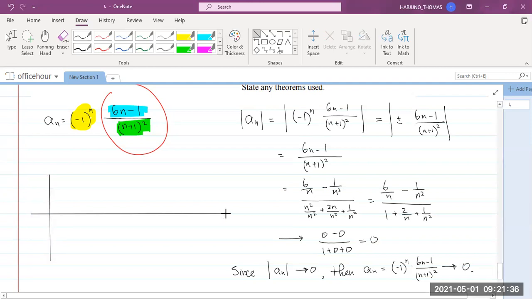So pictorially, it looks like this. Say n equals 1 is here, n equals 2 is here, n equals 3 is here, and so on. It oscillates around the x-axis. Once I apply the absolute value, this point becomes here, this one becomes here, and so on.